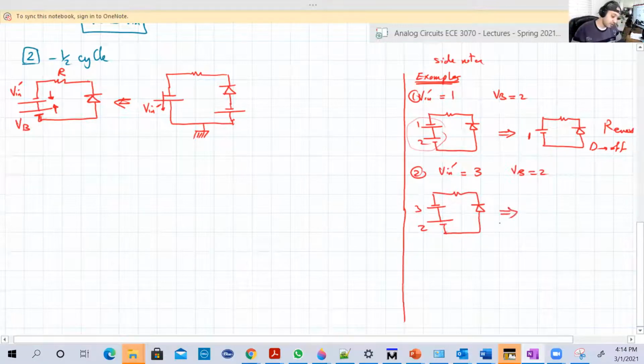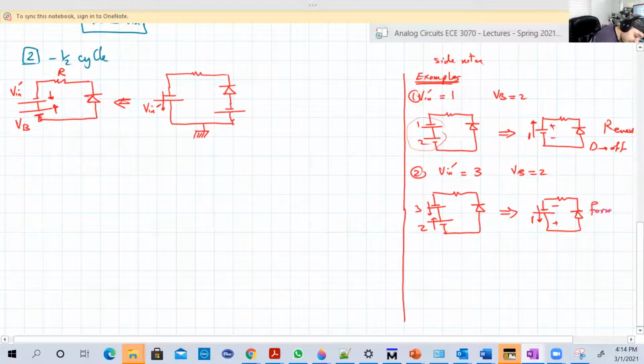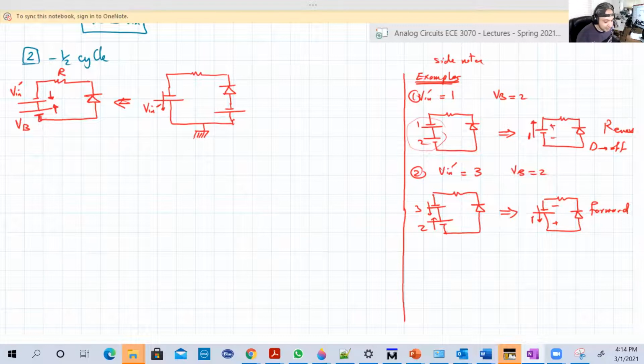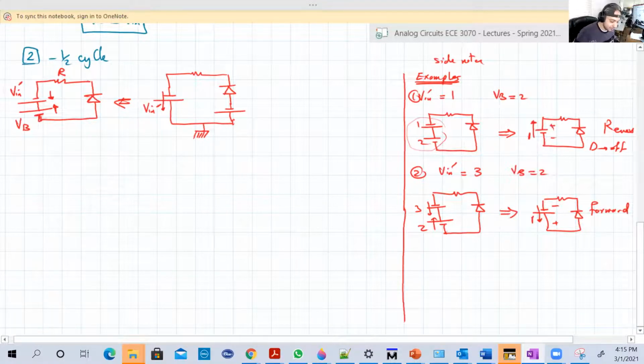But we can reduce that to a battery in that direction, and also 1. So look, the battery here is in that direction, the battery here is in that direction. This is positive, negative, this is negative, positive. Now the diode is forward. And since the battery is 1, greater than 0.7, it's enough to give the diode 0.7, and the rest, 0.3, will go to the resistor. And the diode will be on. So here the diode is on.